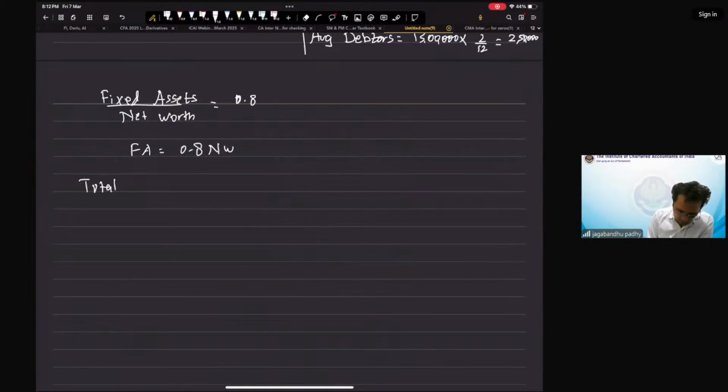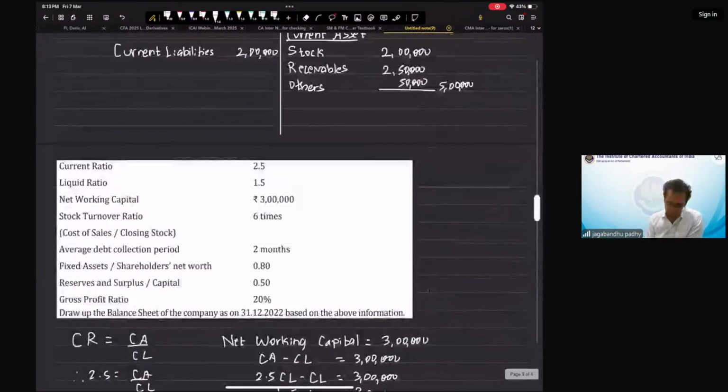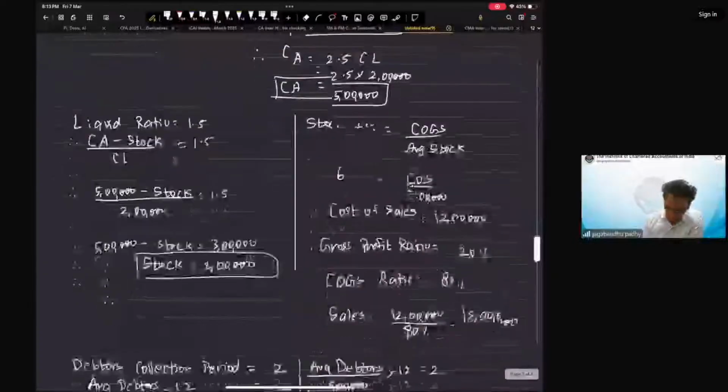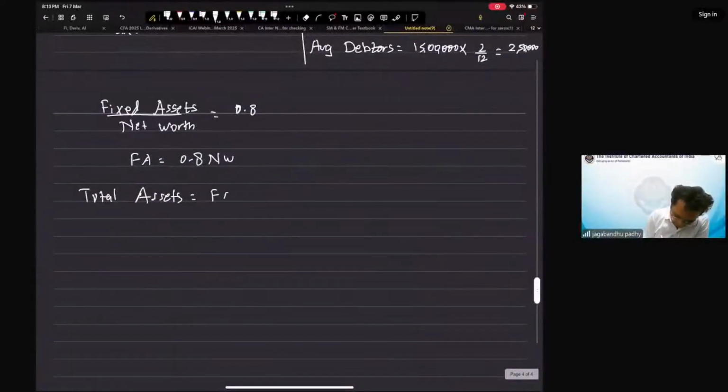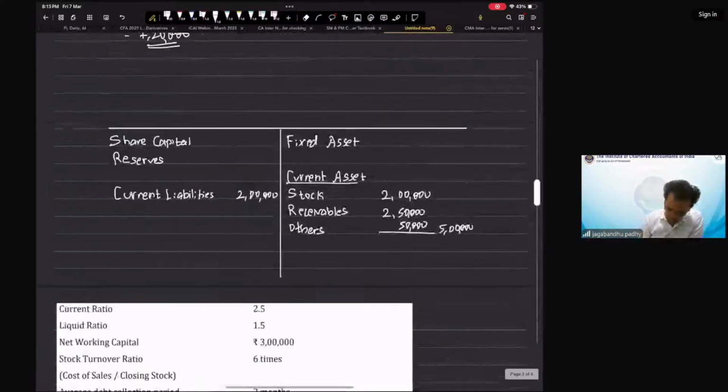So we can get this net worth value and fixed asset by taking the total of assets and total of liabilities. Value of total assets will be fixed asset plus current asset. So fixed asset is 0.8 net worth plus current assets is 5 lakh.